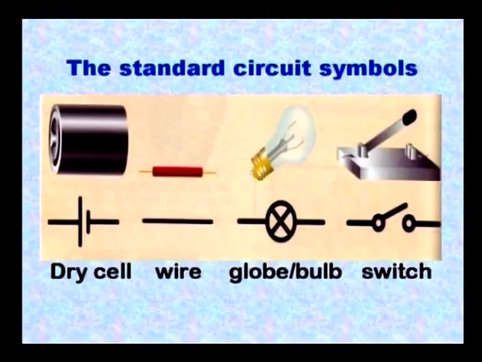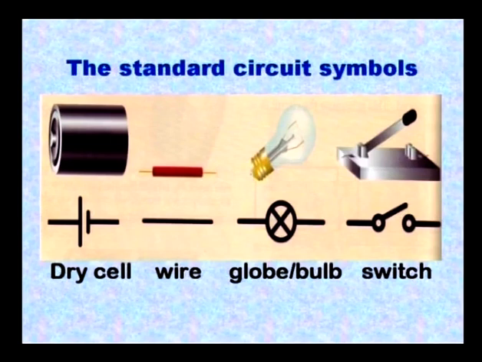Now, before we go to our experiment, I'd like us to quickly have a look at the standard circuit symbols. You will be setting up circuits, and the circuit won't show the actual things like dry cell or battery. You will only have symbols, so we must know what each of those symbols represent.